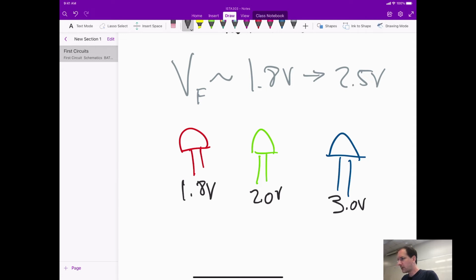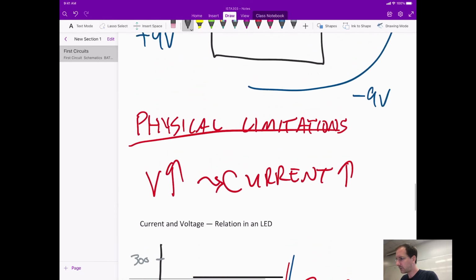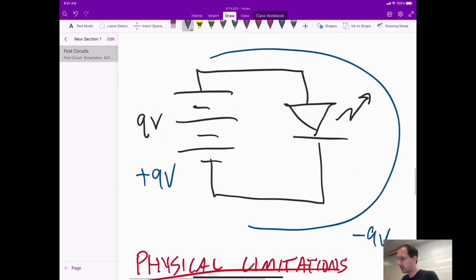And so, looping back to Kirchhoff's voltage loop law here. We know that we have a power source that's generating 9 volts, and we know that we have to have our components absorb 9 volts. But the problem is that our LED here can't absorb more than, say, 2.5 volts, right?